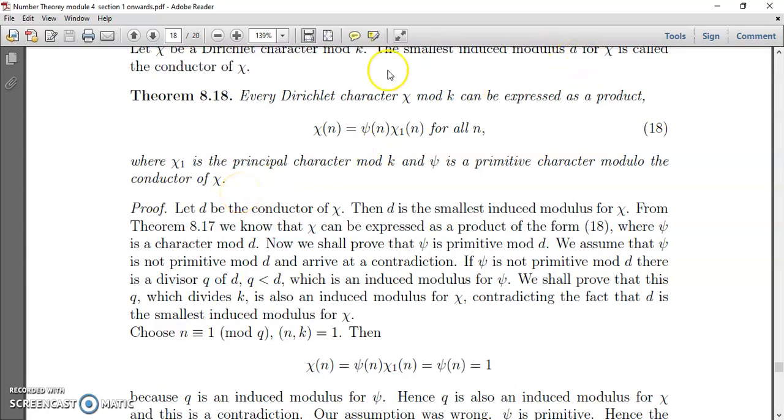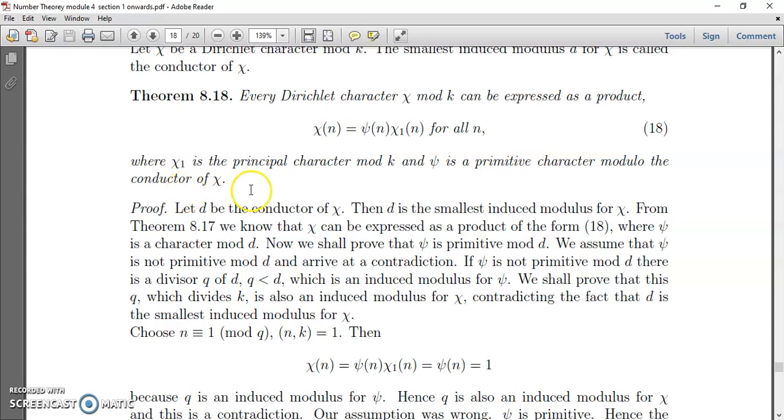The first part of the theorem we have already proved in the previous theorem. Let us assume that D is the conductor of chi. Then D is the smallest induced modulo for chi by the definition of the conductor.